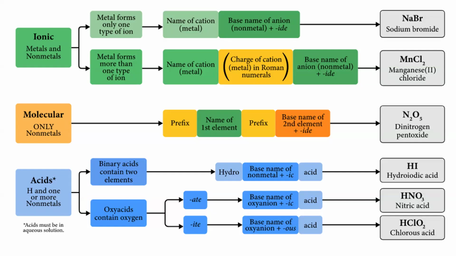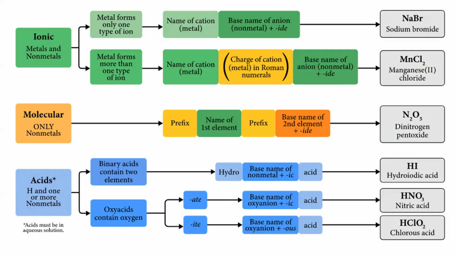Nitrate. So anytime you can recognize a polyatomic ion that just has a cation, where the cation is hydrogen, it is an acid. Technically, it's only an acid when it's dissolved in water, which we write like this. But nobody's going to really think twice if you call this an acid.